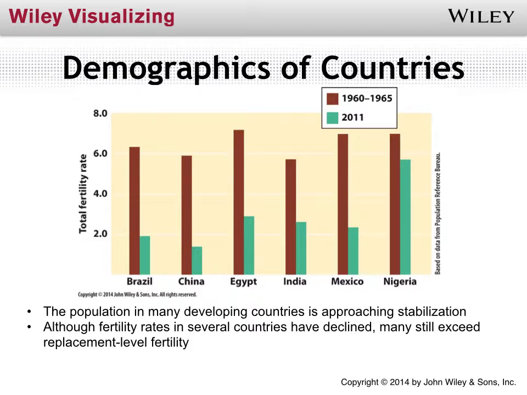So even though China and India are both showing lower total fertility rates, from numbers around 6 to numbers maybe between 2.0 and 2.5, those populations are still growing because there are a lot of people, and if you have 3 billion people, even if they're only making 1.5 babies for every pair, that means the population is still going to continue growing, at least for a period of time.